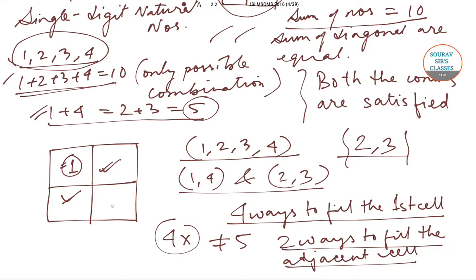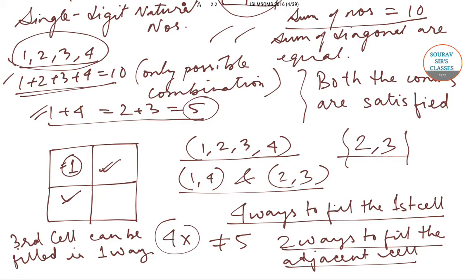The cell which is diagonally opposite to the first cell is already fixed by the condition of the sum of the diagonal elements. So the third cell can be filled in only one way.